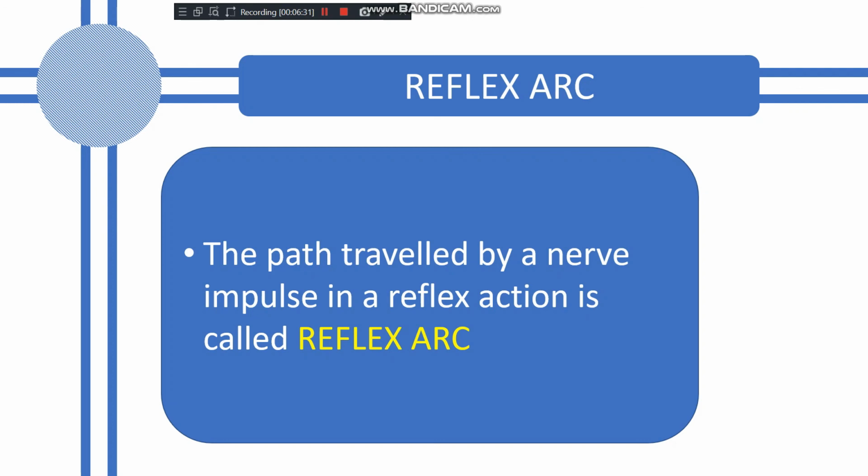So today you have studied the structure of neuron, the different types of neuron on the basis of the functions carried out by them, that is sensory neuron, motor neuron and the associated neuron or the mixed neuron. And then you have studied the reflex action, the sudden or spontaneous response to any stimuli, and then the reflex arc, the path traveled by a nerve impulse in a reflex action.